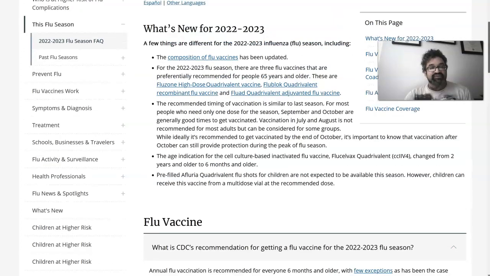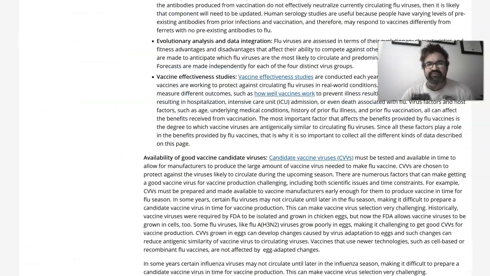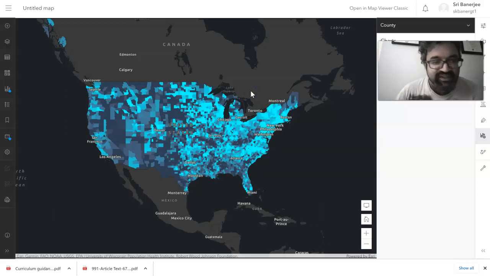I think it's important that we look at flu vaccines not only from the perspective of knowledge, but also what is the coverage, and I'm going to show you that. So you can see the distribution of the flu vaccines throughout the country, and you can see that there's pockets within here that are missing flu vaccines.